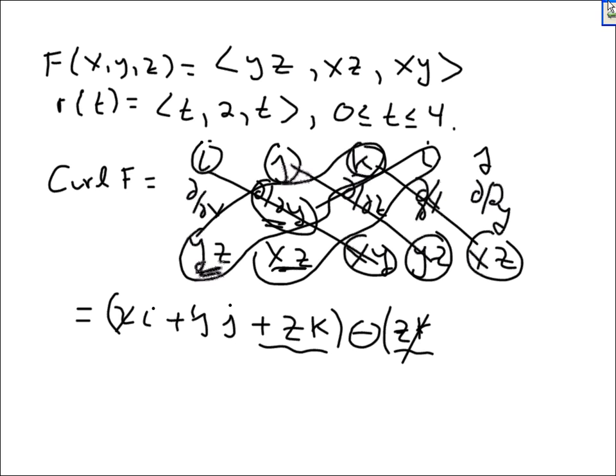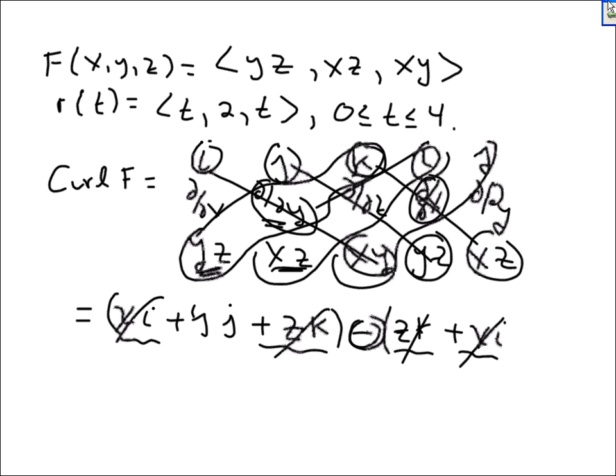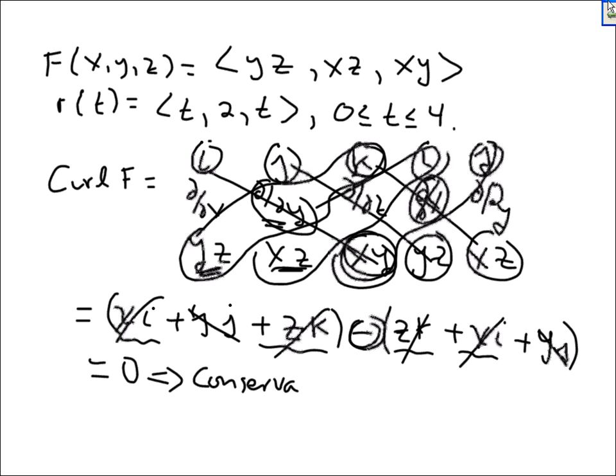With respect to z, that's x, xi, minus xi, goodbye xi. And the last one, with respect to x, this is y in the j direction, minus y j. It's 0. Since the curl is 0, that means we are conservative.